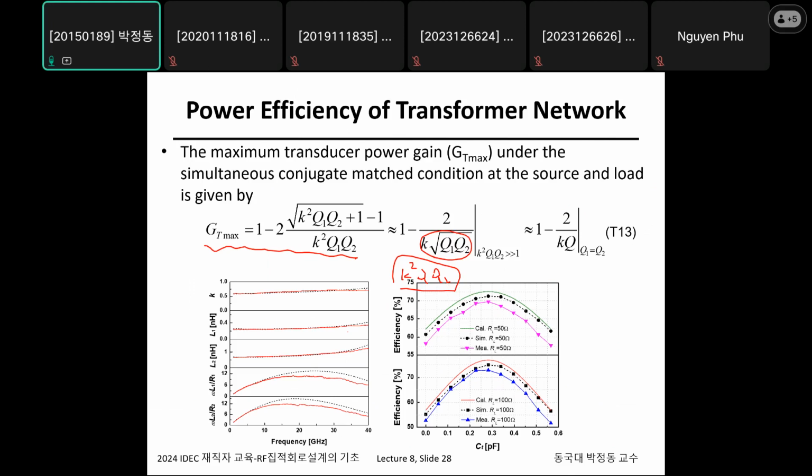So in this case, if K square Q1 Q2 is much larger than 1, it is given by this. That means you need to increase K, or you need to increase Q to reduce insertion loss. Be noticed that GT max is always less than 1. So in order to make this close to 1, this has to be close to 0. Makes sense, right?